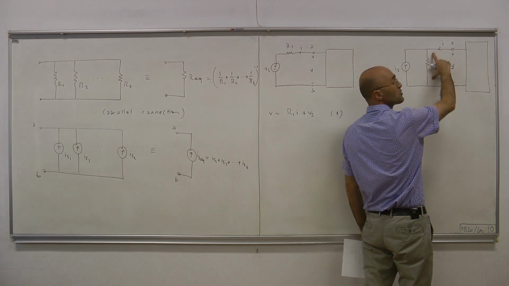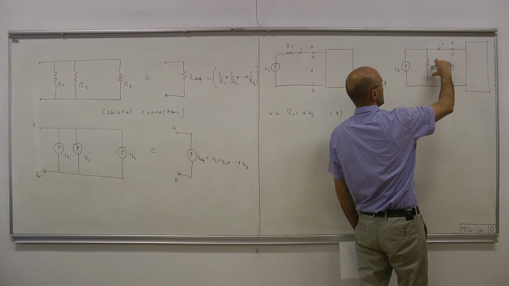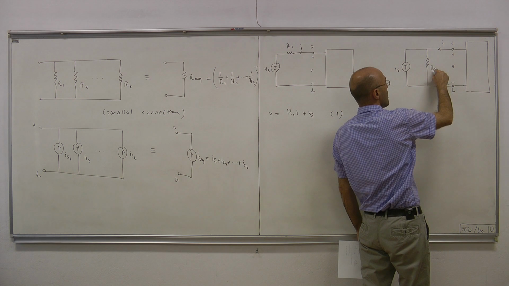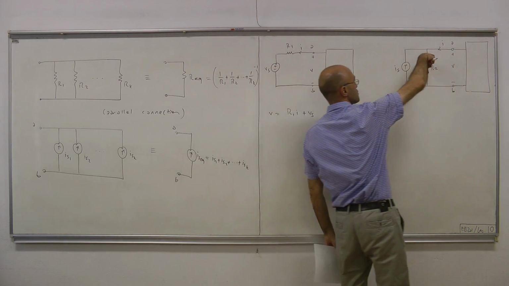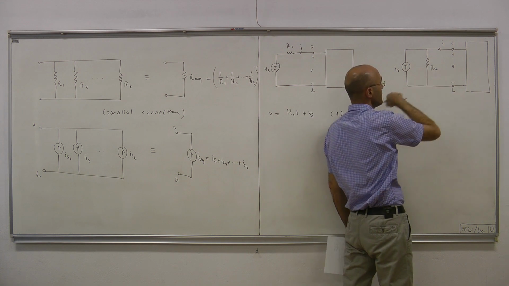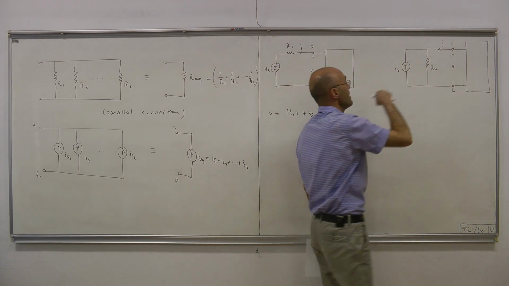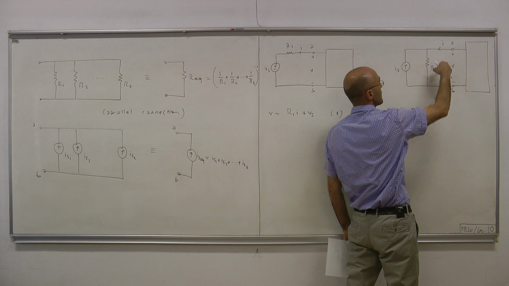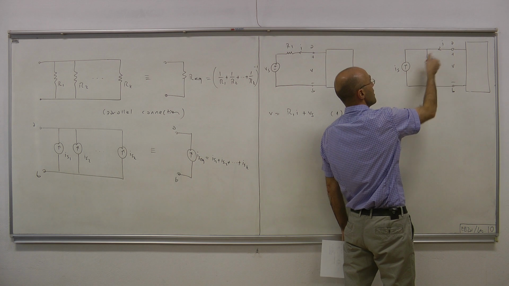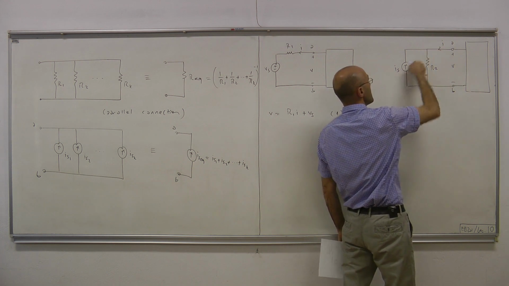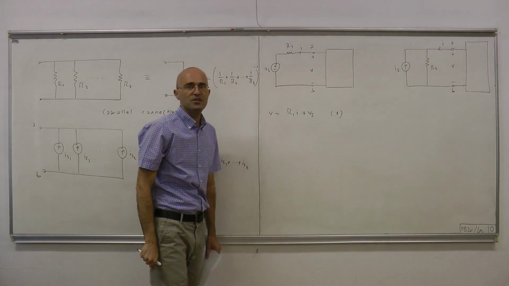And what's the voltage of that resistor? Plus here, minus here, it's R2 resistance times the current passing through that resistor in this direction. And what's the current passing through that resistor in that direction? I is coming from here. Here's another incoming current, IS. Therefore, this current must be I plus IS by KCL.